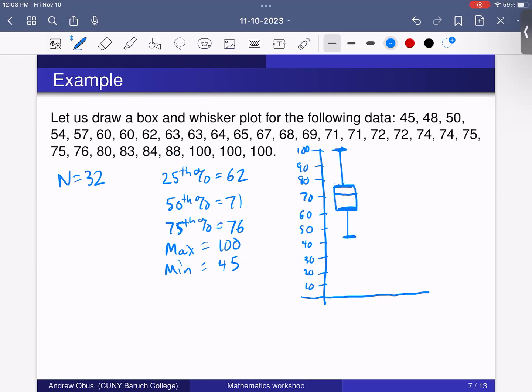What I want to do today is show you how to do it on a computer, and also show you a couple of variants of box and whisker plots, and then we're going to do standard deviation for group data, and that'll be it for today.